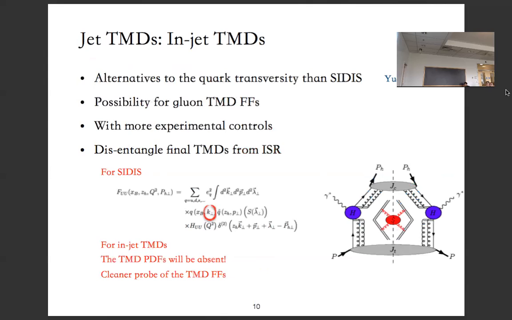For semi-inclusive DIS, it's well known that if you want to measure the TMD of the hadron, there is a convolution between the initial-state and final-state TMDs. But for in-jet TMDs, the TMD PDFs will be absent. It's all collinear PDFs, and it gives you a cleaner probe of the TMD fragmentation function.